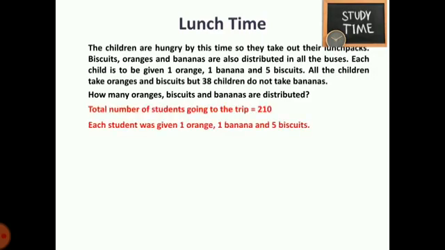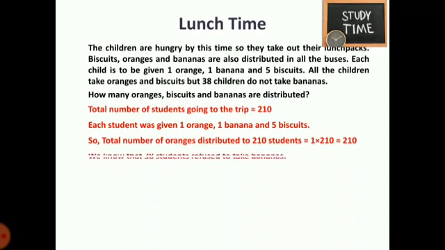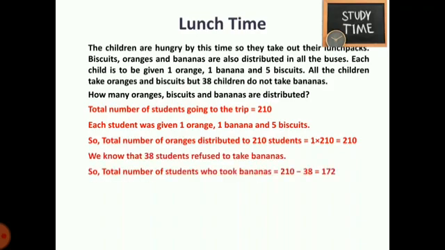Total number of students we already saw is 210. Each student was given 1 orange. So they gave 210 oranges. 38 children did not take banana. So 210 minus 38, you will be getting 172.